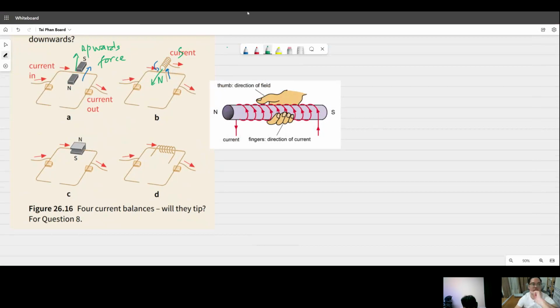The force is downwards, right? The finger pointing to my face is the field, this second finger is the current, so the force is downward.